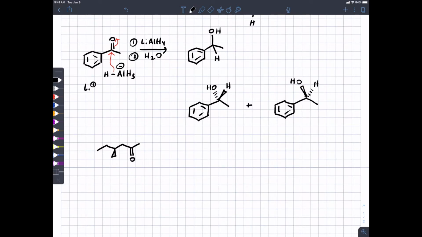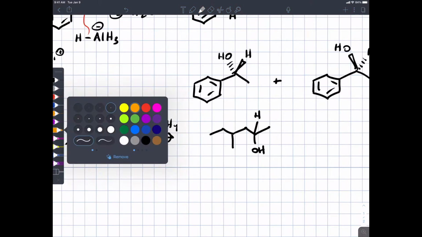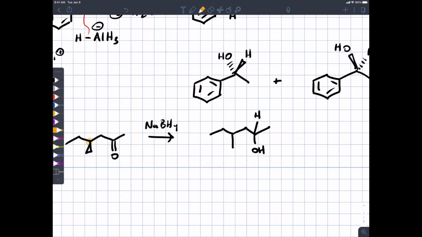All right, suppose you reduce this molecule with sodium borohydride, and you draw the product like this. What's wrong with that, other than it's lazy? You already have the stereochemistry in your reactants, so you have to show it in the products too. Right, I had a stereocenter here, and that stereocenter is not involved in the reaction.